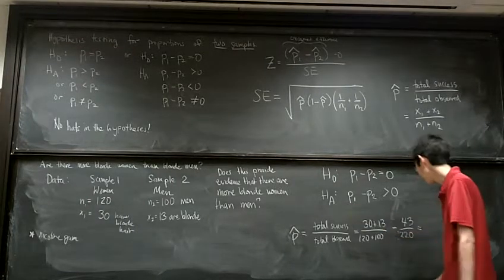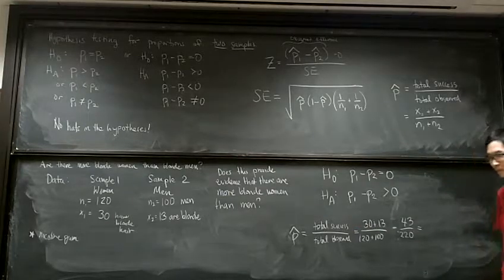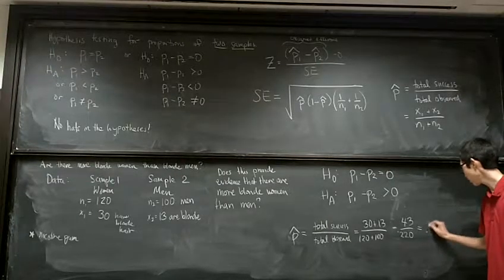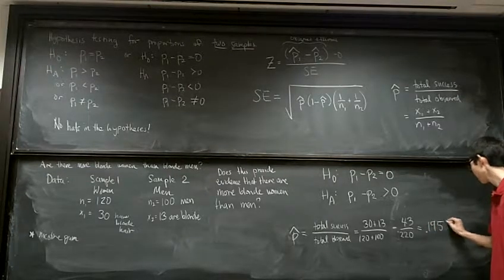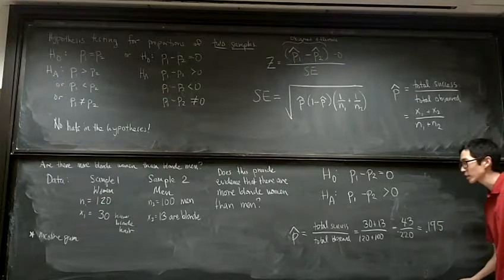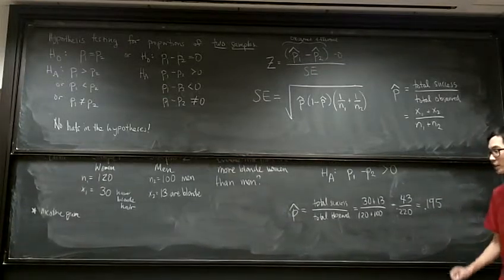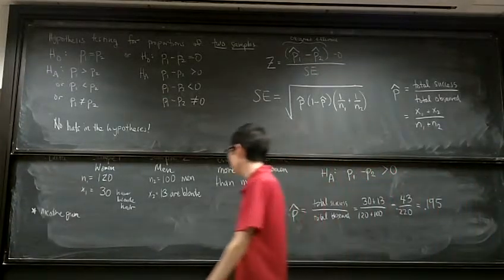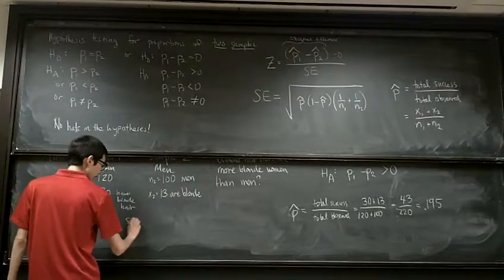So my p hat is 43 divided by 220. I should have done 14, that would have been an easier number. Okay, 0.195. So what's my standard error?